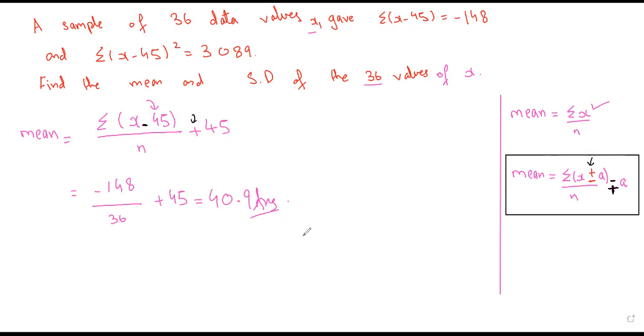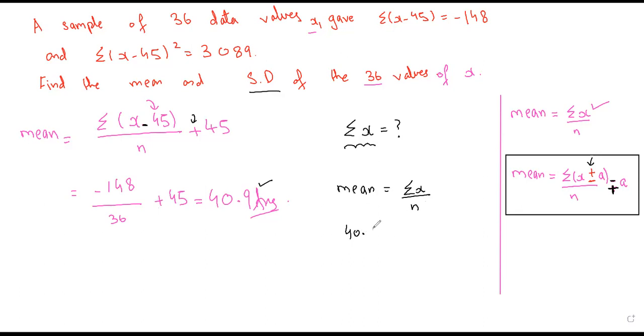Okay, perfect. Now let's talk about another thing. Let's say the examiner wants you to find summation x. The other part of this question is standard deviation. We'll come to that, but let's say this is the question. Now you need to find summation x. Now you have multiple ways. You have your mean, so either you can do it this way: mean is equal to summation x over n.